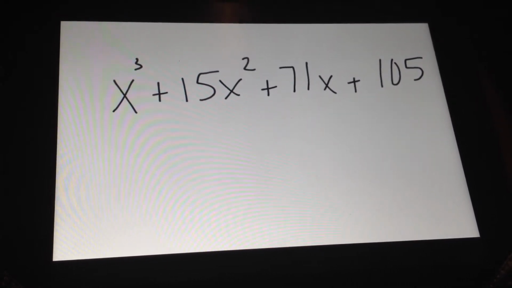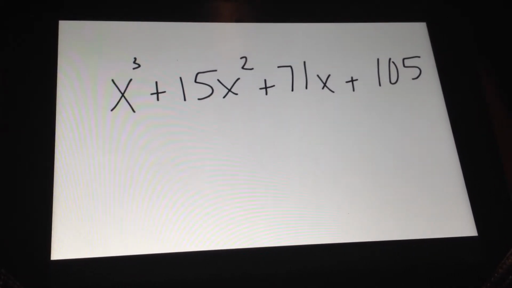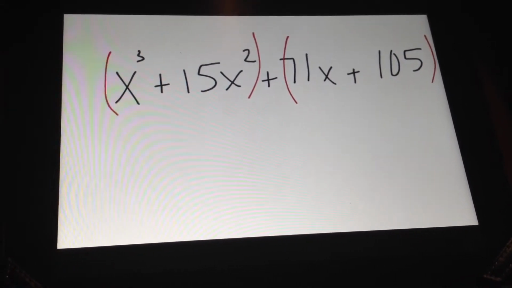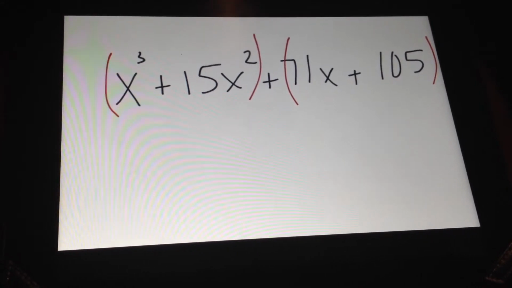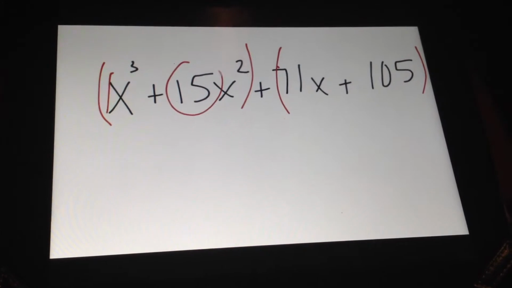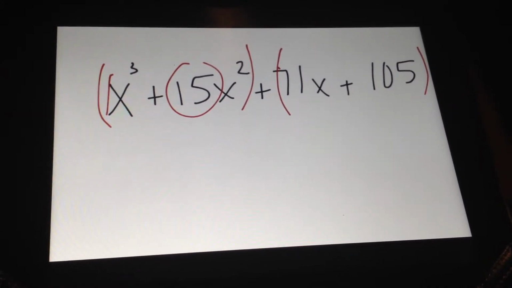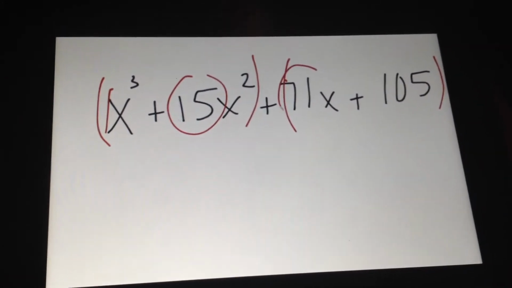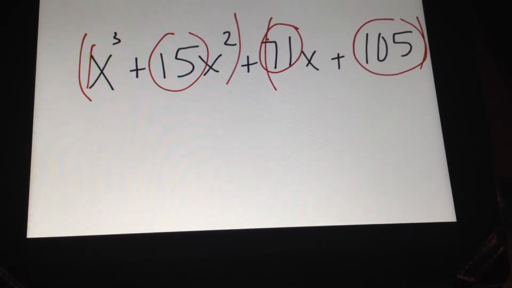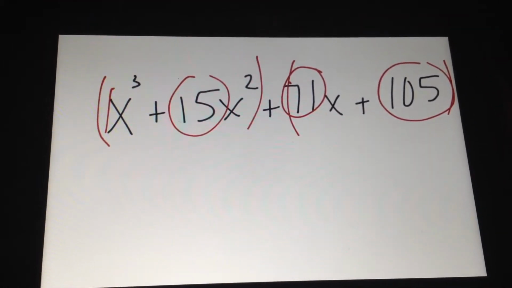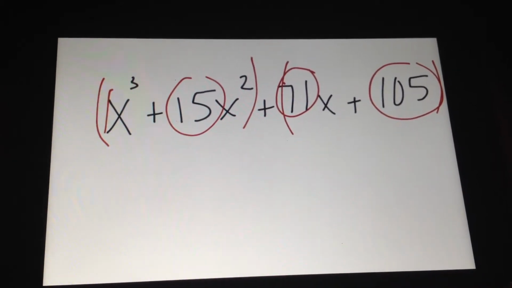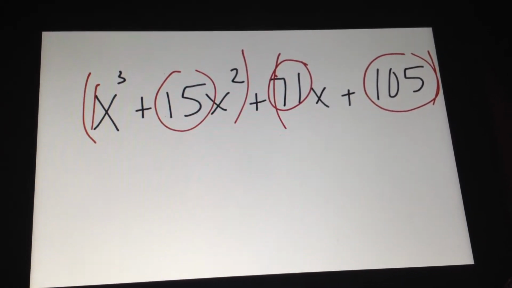So the first thing we're going to look at is to see if it will group. So we're going to take these into groups, and again, you want to make sure that the ratio between this leading coefficient and this leading coefficient will be the same as the ratio between this coefficient and this coefficient. So right here, this one's 1 to 15, and that one's 71 to 105, which is not the same.